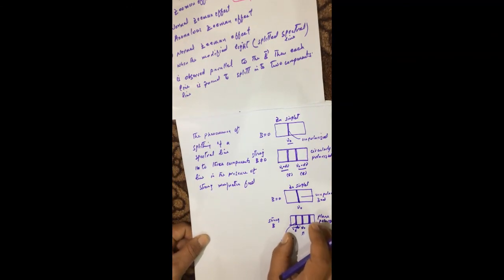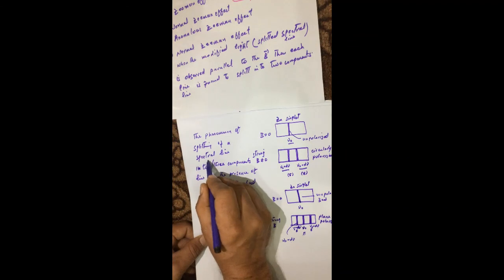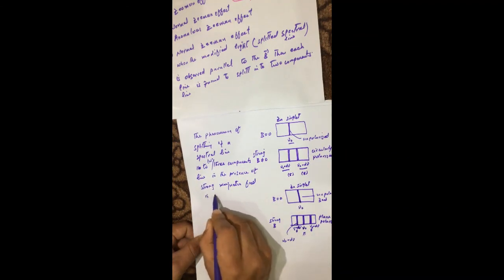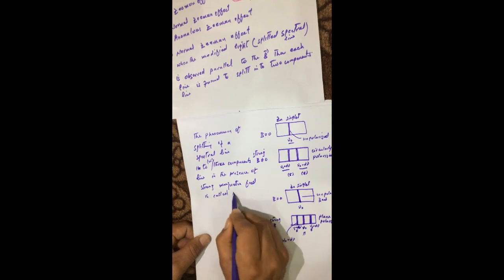So it's either 2 or 3 component lines in the presence of strong magnetic field, and this is called the normal Zeeman effect.